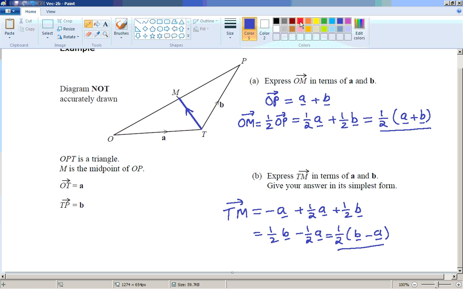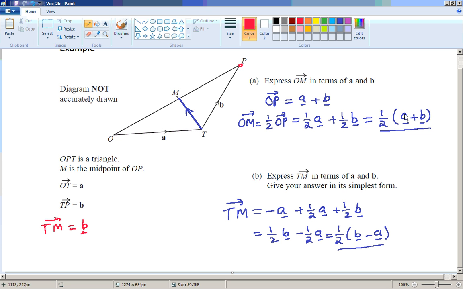You can also do this, the vector TM, if we go in this direction first. So we go to P, so that's going to be vector B. Then from P to M, so this is the negative of OP.